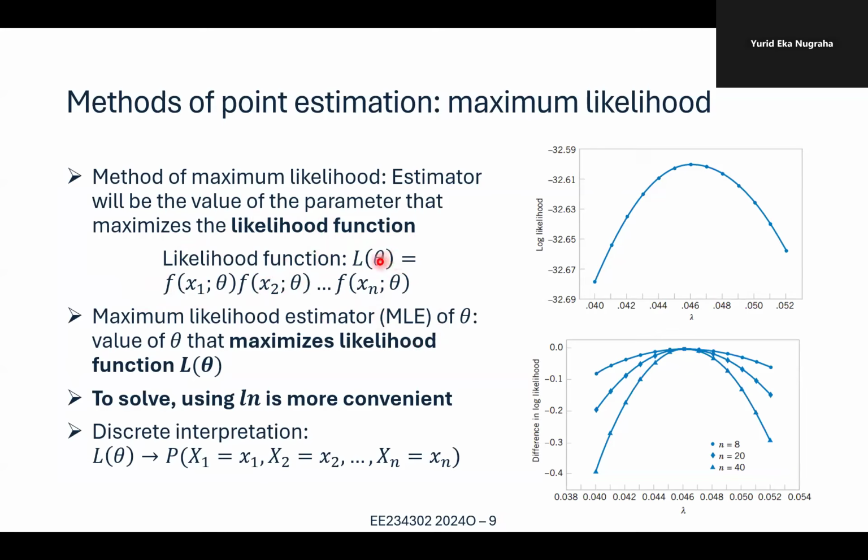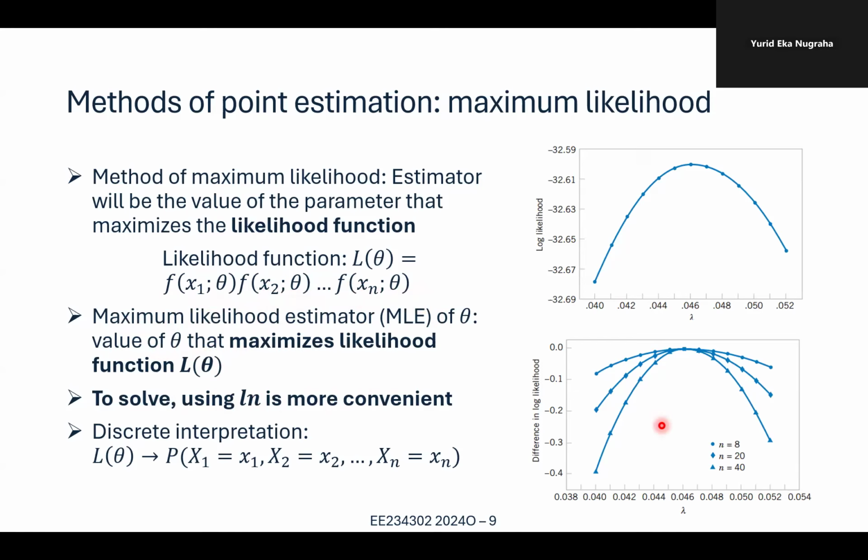The likelihood function L of theta is the multiplication of f of x1 given theta, f of x2 given theta, and so on. The MLE is the value of theta that maximizes the likelihood function L of theta.